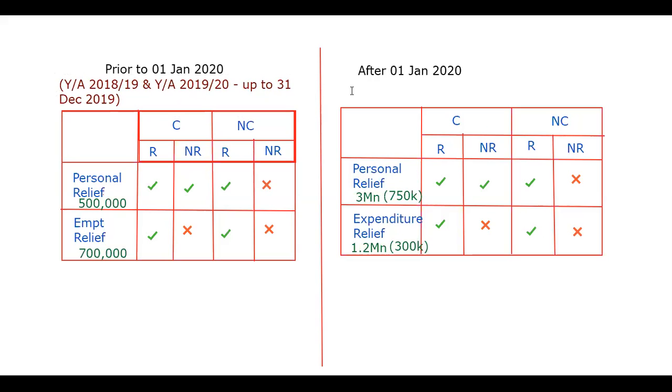Here, with effect from 1st January is a 3-month period. In the year of assessment 2019/20, 3 months with effect from 1st January 2020. In that case, for you it is 3 months.